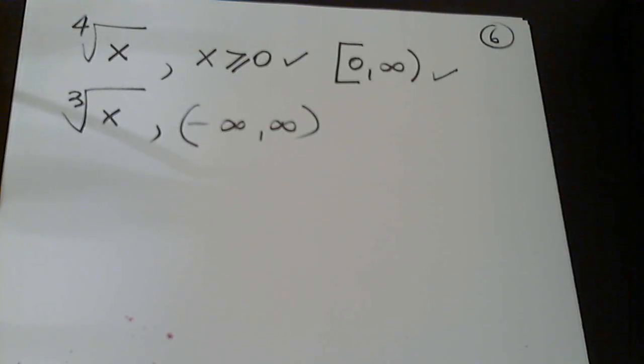Determine whether the statement is true or false. The square root of negative 36 is a real number. What do you think? False. Exactly.